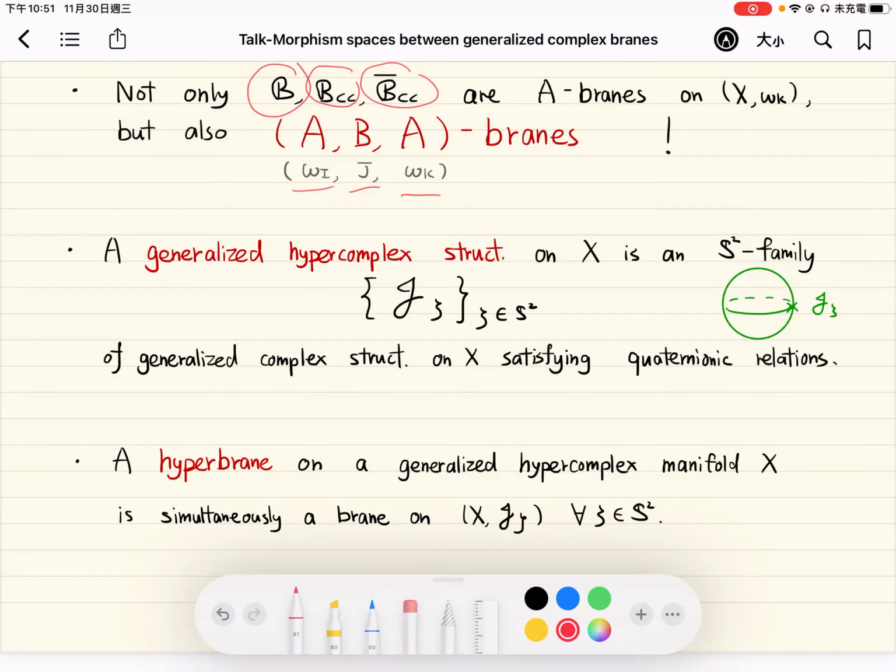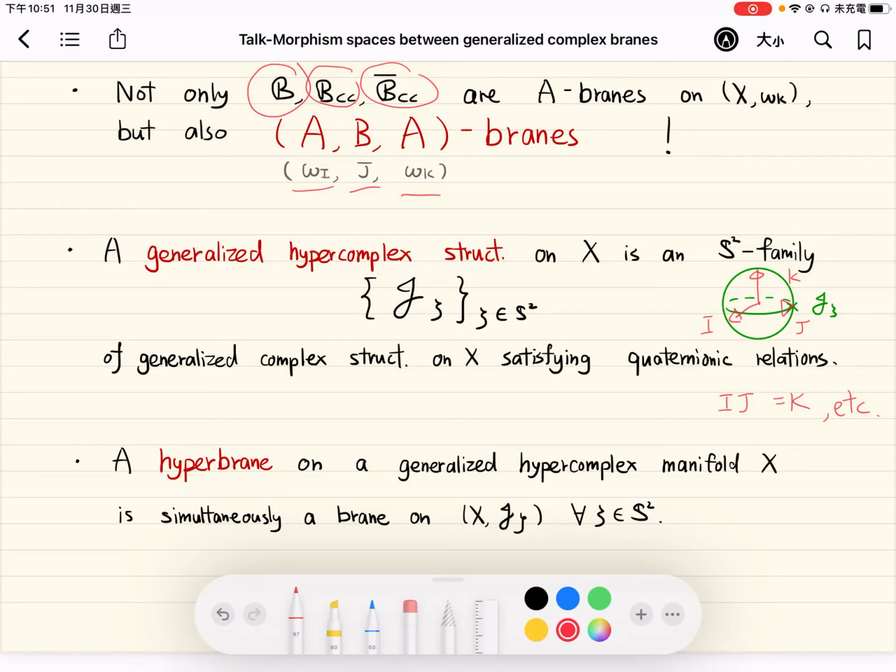So I can talk about the generalized hypercomplex structure on the manifold X. By definition, a generalized hypercomplex structure on X is a twisted family, an S2 family of generalized complex structures, satisfying the quaternionic relations. For example, if you pick an orthonormal frame for this S2 family and call the points I, J, and K, then you need I times J to be K, and so on.